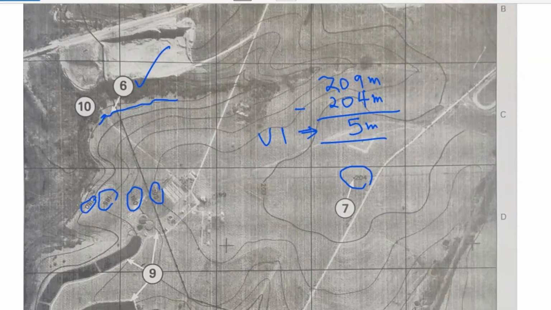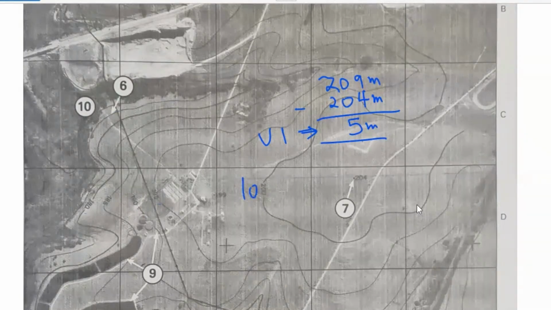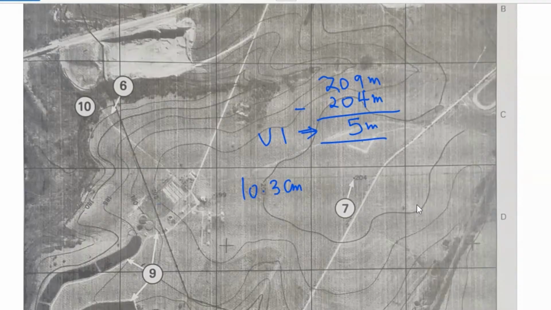Then we now have to calculate our horizontal equivalence. Right, our horizontal equivalence, we are told the distance has been measured for us. We don't need to remeasure that because it's there. We are told that the distance in centimeters is 10.3 centimeters. Right, this is an extract from a topographic map, and we know well that our orthophoto is to a scale of 1:10,000.